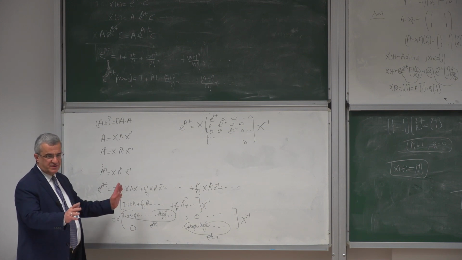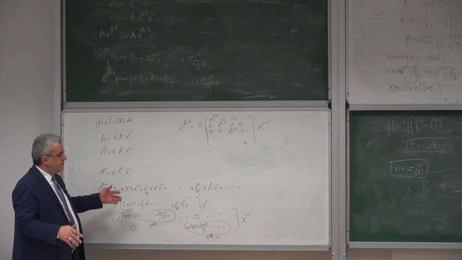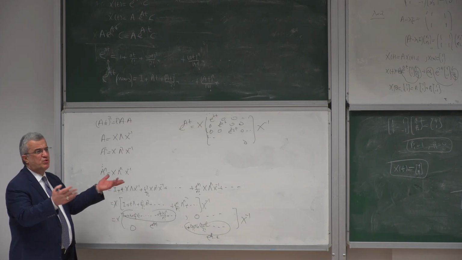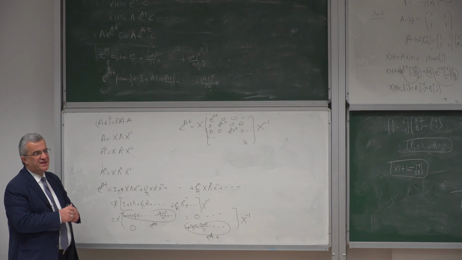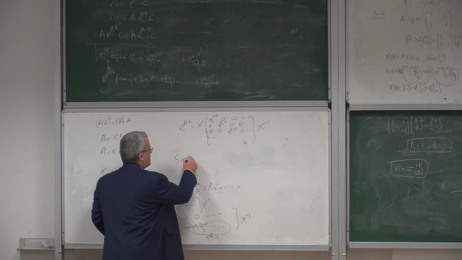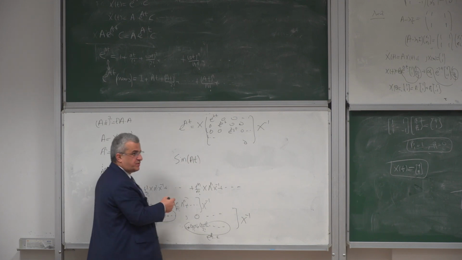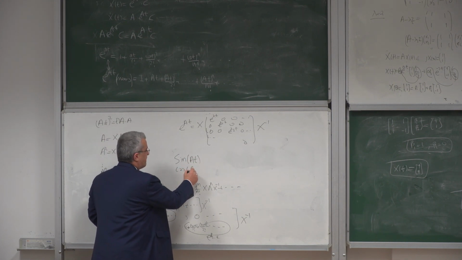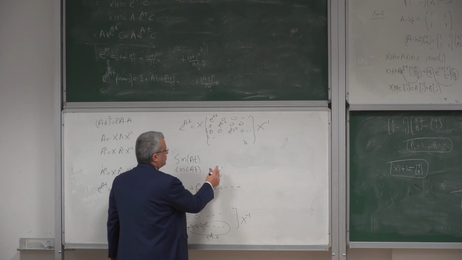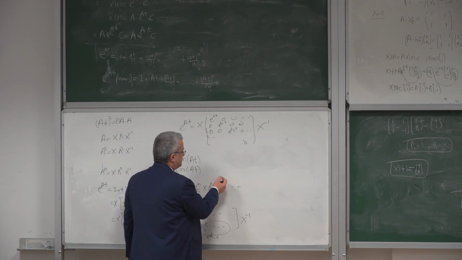Okay? So they are the same thing. So I prefer the other one, but of course, this opens a door for defining anything, right? You can talk about sine of AT, cosine of AT. Okay?